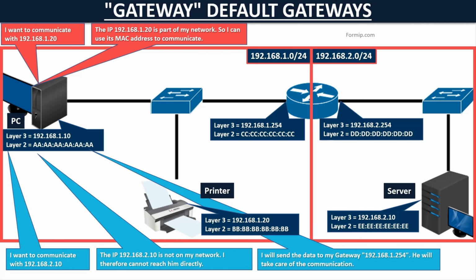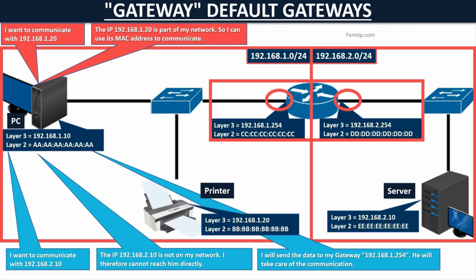As the network part of the server address is different from the PC network, the packet must be routed outside the original network. It must be sent to the default gateway. The gateway is a router interface connected to the local network, and this interface carries an IP that corresponds to the subnetwork to which it belongs.